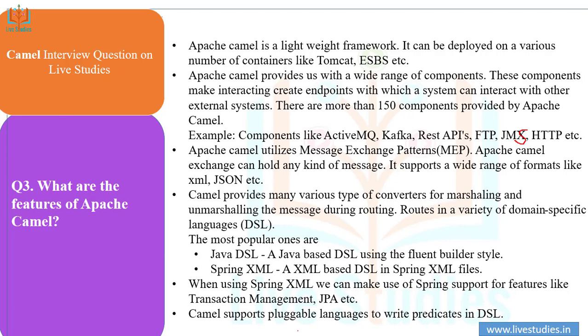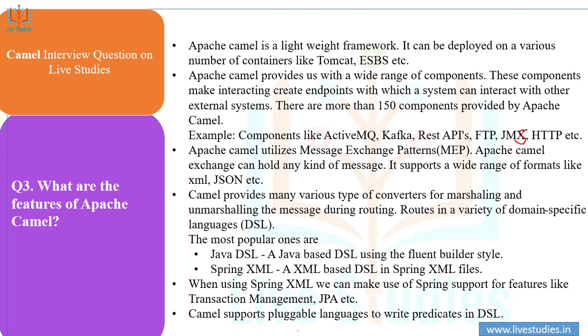Another point is Camel provides a variety of type converters for marshalling and unmarshalling the message during routing, and routes can be written in a variety of domain-specific languages. The most popular ones are the Java DSL, a Java-based DSL using the fluent builder style.